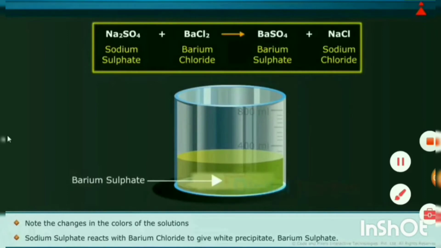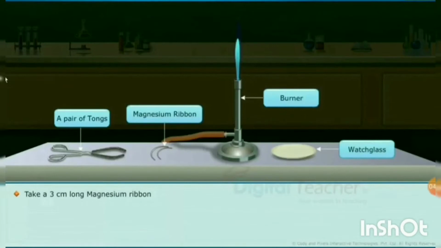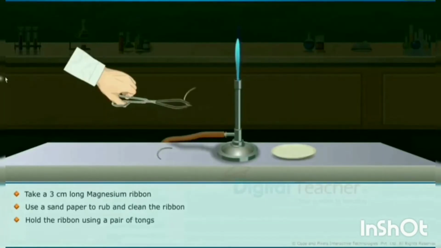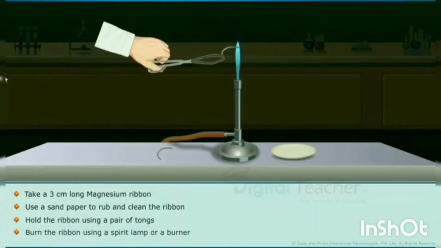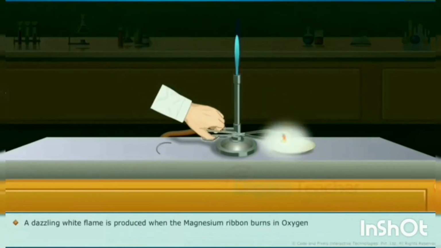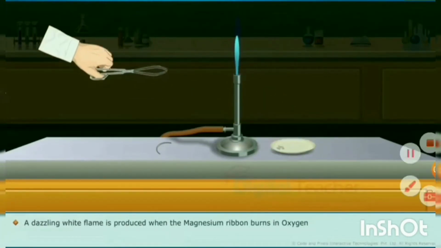Moving to another activity. In this activity, we take a 3 centimeter long magnesium ribbon, and before doing anything, we first clean this magnesium ribbon with sandpaper, and then with the help of a pair of tongs, we burn this magnesium, and we observe a dazzling white flame that is produced.